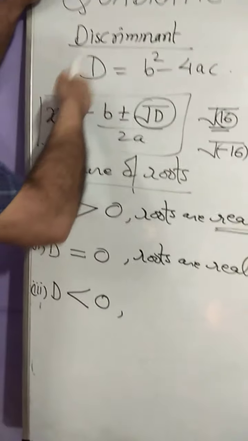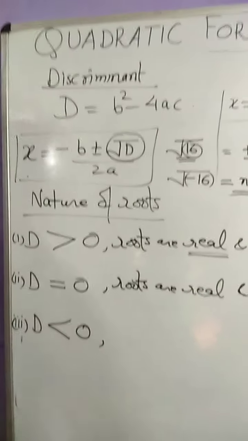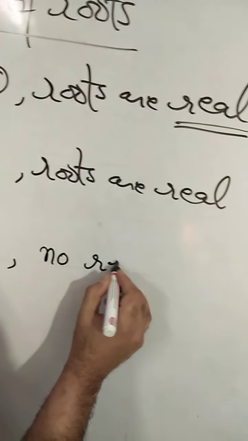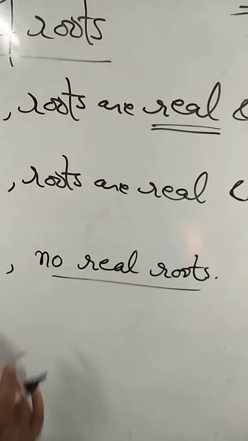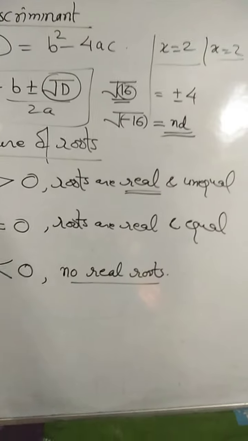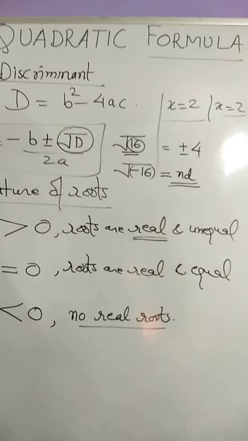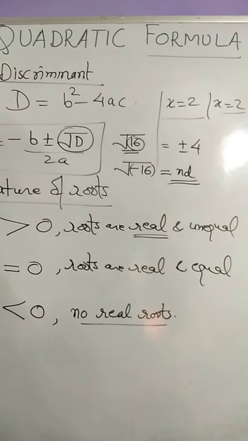If it is undefined, then we cannot find roots of this equation. In this case, if discriminant is negative, we will say the equation will have no real roots. We'll not say no roots, we'll say no real roots, because in the real number system जो हमने real number तक ही पढ़े हैं, in the next class you will find one more type of numbers.